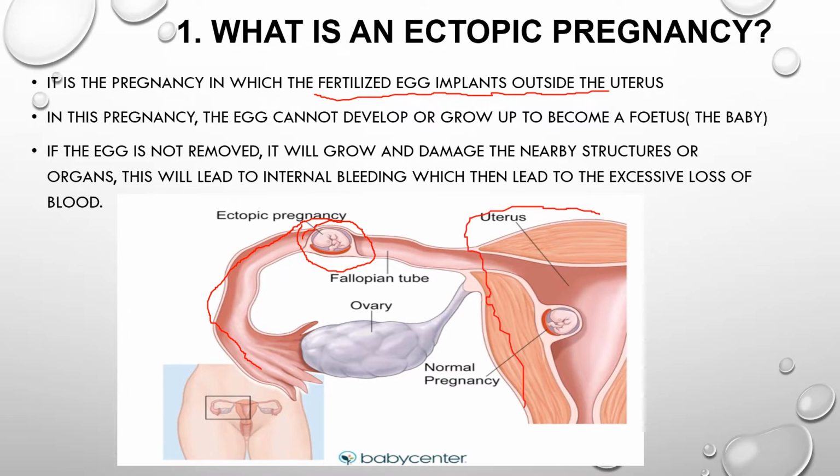This is the uterus. The whole of it is a uterus. In the normal circumstance, the pregnancy should develop here so that the embryo can develop to a fetus and occupy the space. It should implant itself here on this side. So whenever it happens here, then that is leading to this type of pregnancy called ectopic.